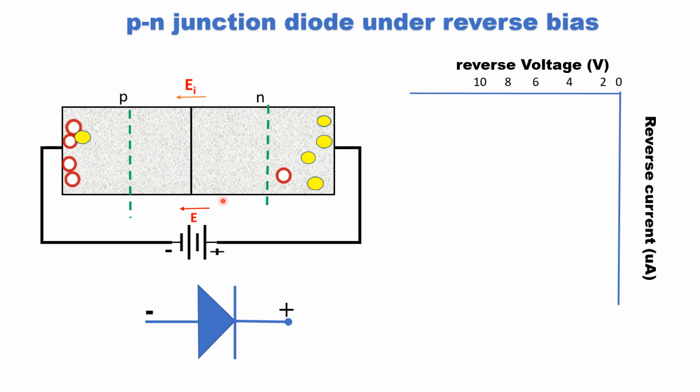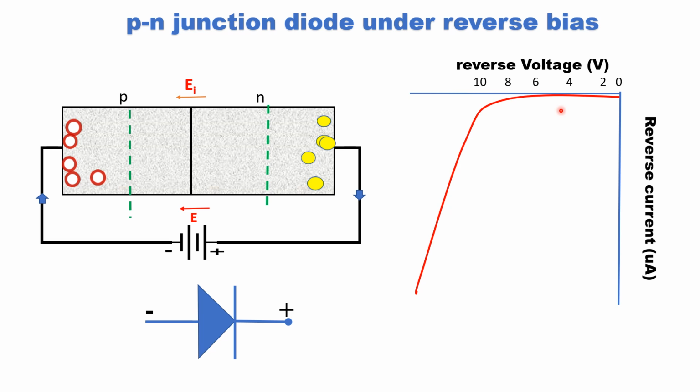But a small current flows across the junction due to the minority charge carriers, which is called reverse current or leakage current. In the plot, you can see this small leakage current.